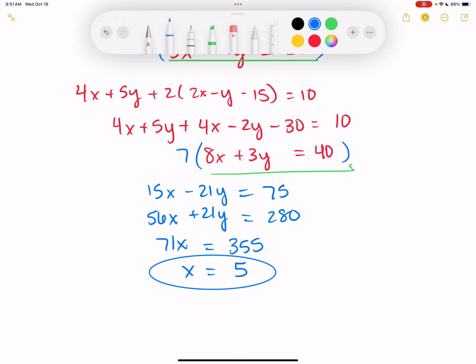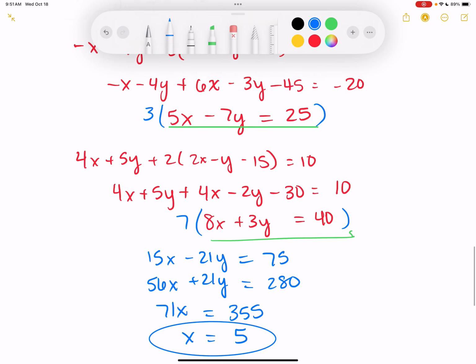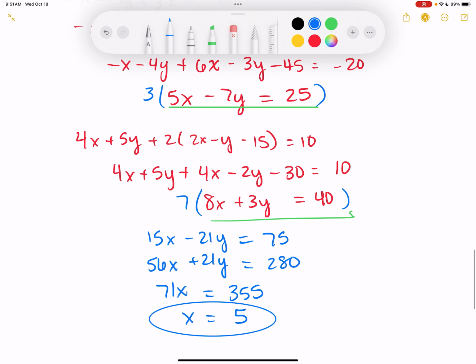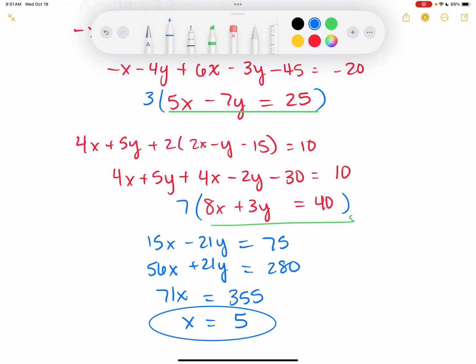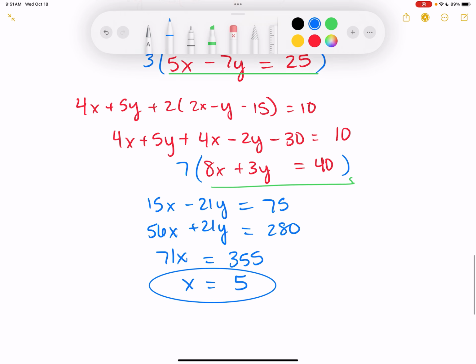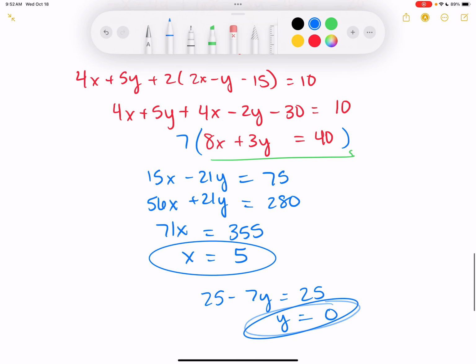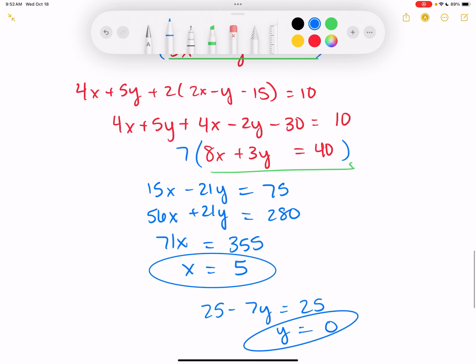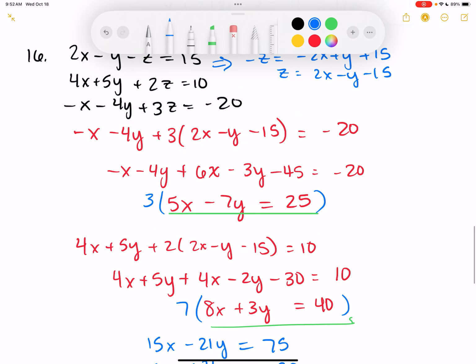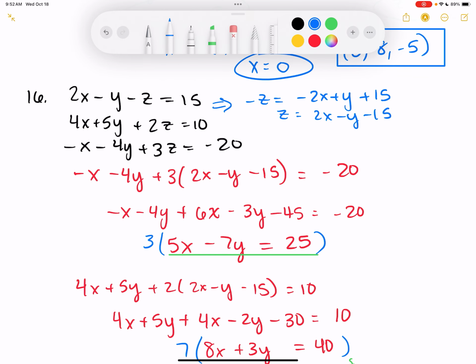So at this point, pick one of the two originals to plug it into. So 5 times 5, so that's just 25, minus 7y equals 25. So y is going to be equal to 0. And then take these two and plug them into this z equation.